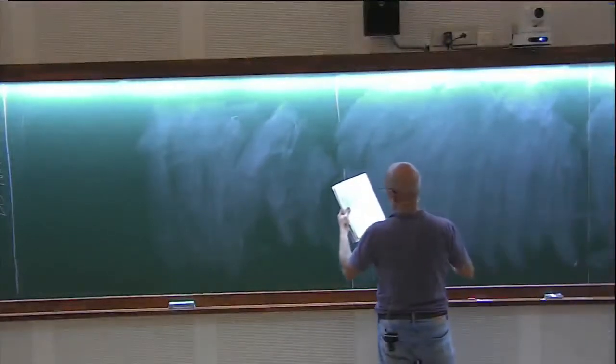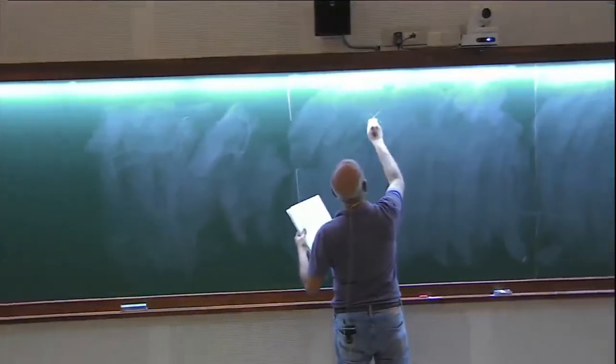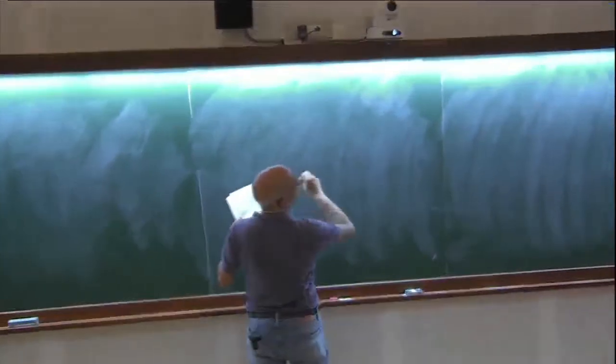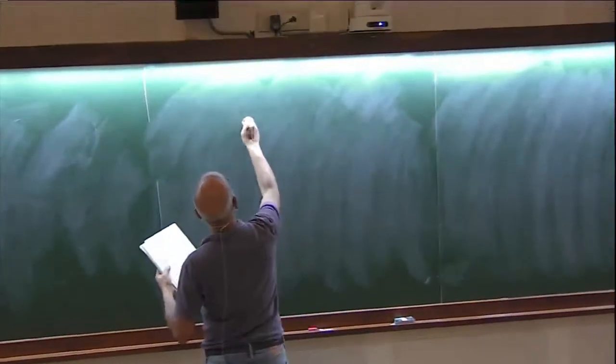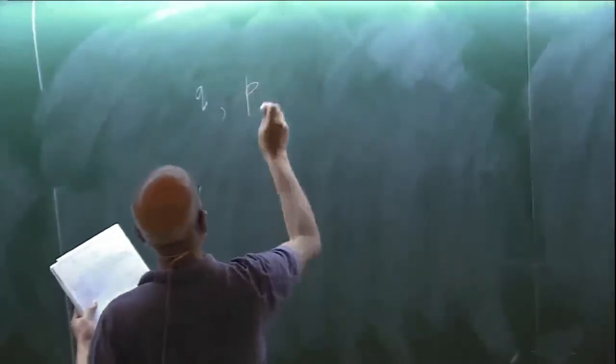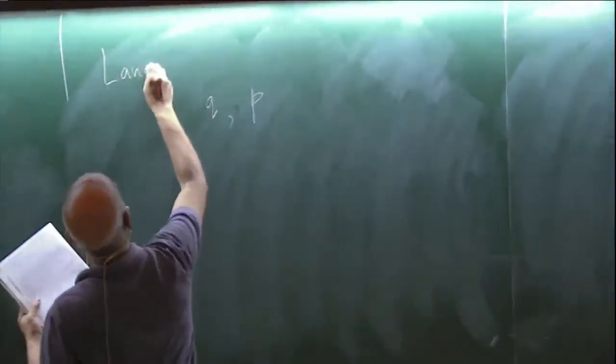So let's go back to the problem we know and love. Forget about the notations I used earlier. I'll use Q and P to be the coordinates and momenta. And I just want to re-understand all the way from Langevin equations.